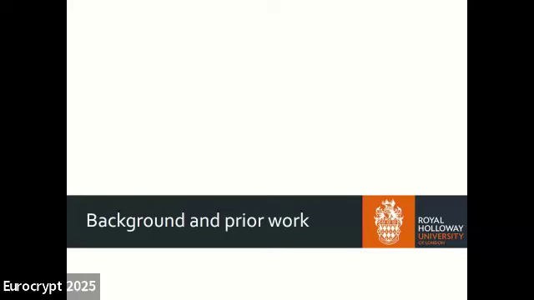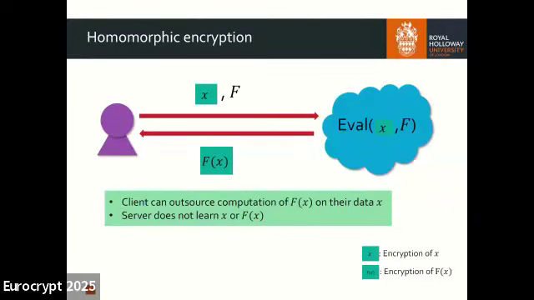Okay, so just quickly give some background. Obviously we're in the homomorphic encryption session, so I don't need to go into too much detail about what homomorphic encryption is. I hope everyone's already aware of that. But what we would need to remember for this talk is that it's a primitive that enables a client to outsource the computation of some function f on their data x to a server, perhaps a more powerful server, in such a way that their data remains private.